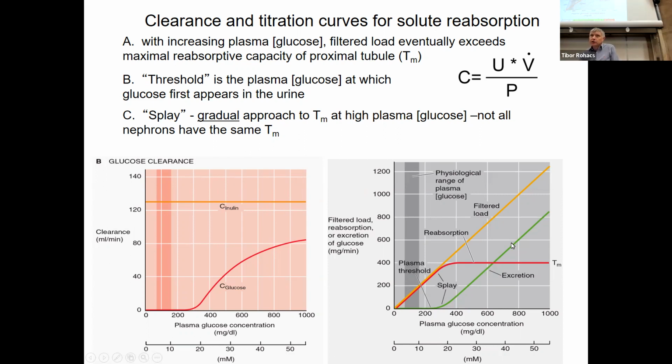But for example, an untreated type 1 diabetes patient can have enormous amounts of glucose in the urine because patients in the complete lack of insulin can have extremely high glucose concentrations.